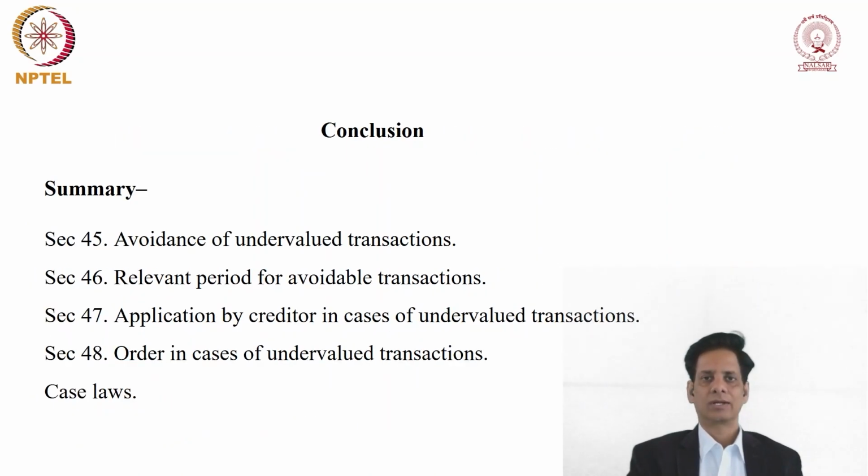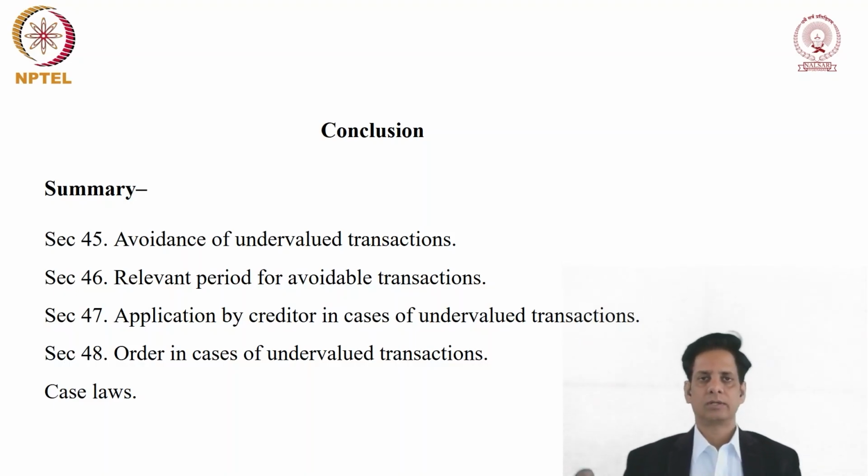So, quickly wrapping up what we have discussed till now, we have discussed sections 45, 46, 47, and 48. 48 talks about how you understand an undervalued transaction. 46 provides for the relevant period, 2 years for a related party, 1 year for a non-related party. And what are the avoidable transactions?